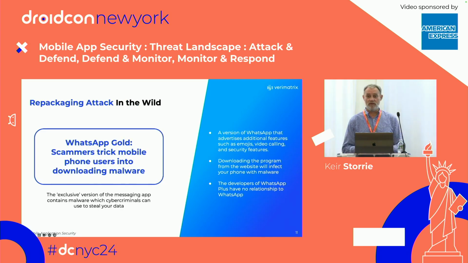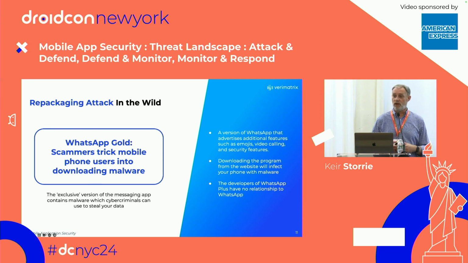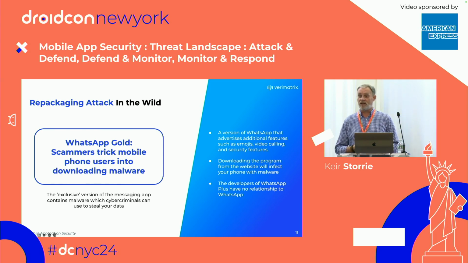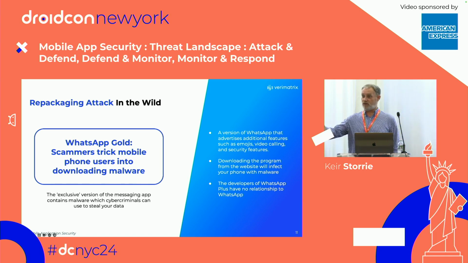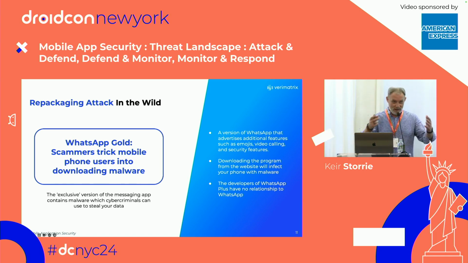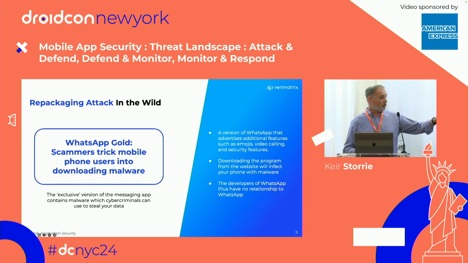One great example of that in the last few years was WhatsApp Gold, a great social engineering attack. Everyone wants to think that they're a gold or a platinum user, and therefore they will go for that version, especially if it's free. Yes, I'm a gold user, give me that functionality. To the user, it looked and acted exactly like WhatsApp.